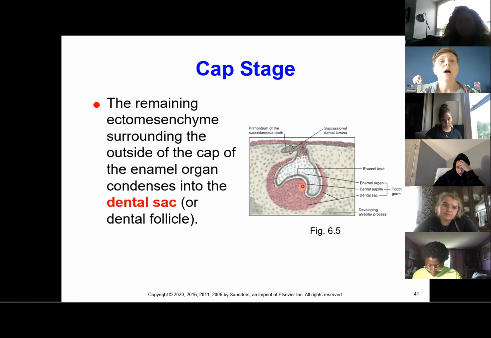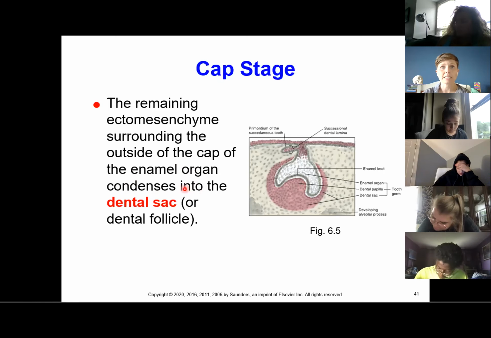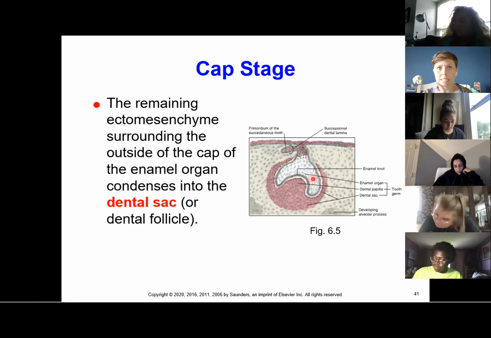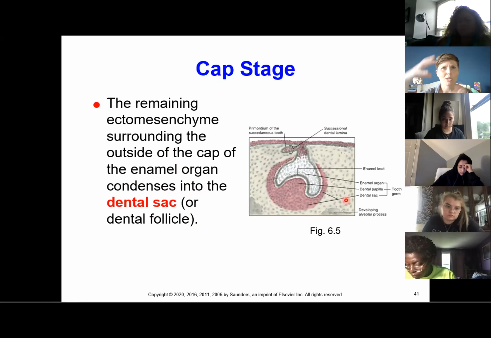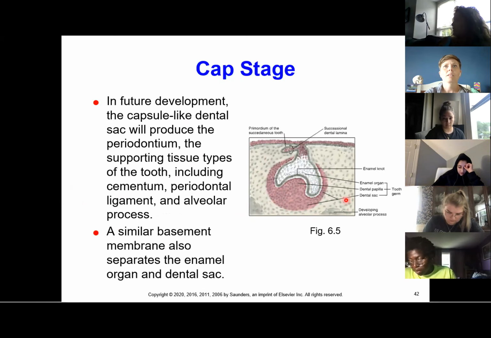Okay, the remaining ectomesenchyme surrounding the outside of the cap of the enamel organ condenses into the dental sac, or the dental follicle. So this is the dental sac here. It's a lot, but you can kind of see where it's all happening. And I have that little book that I told you about that has a little video of how it all works, so that'll be nice too.